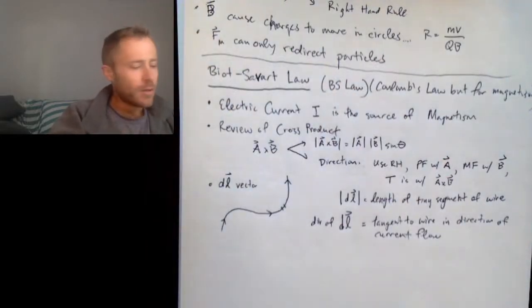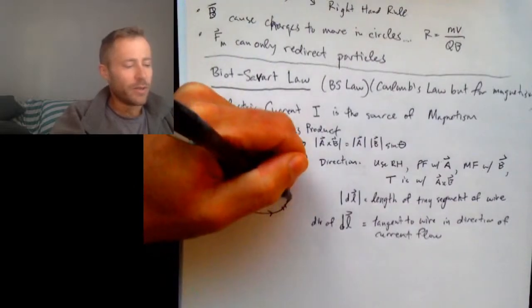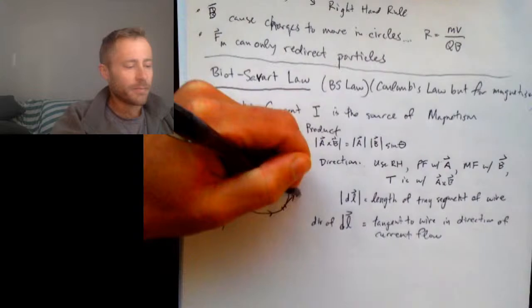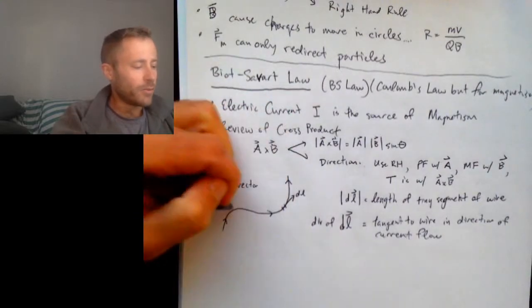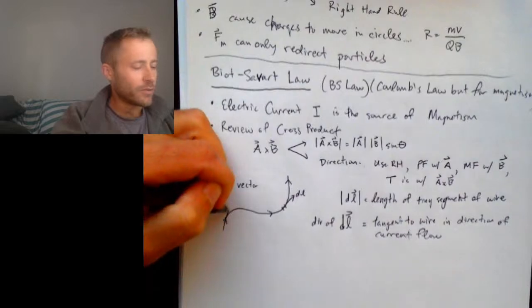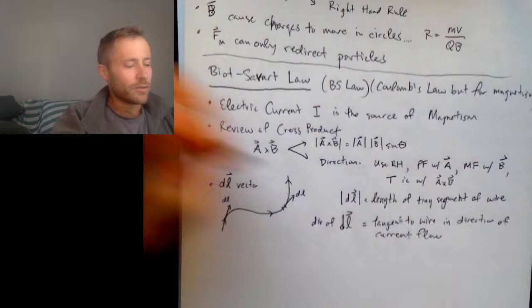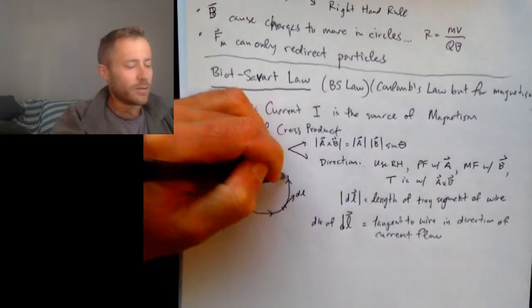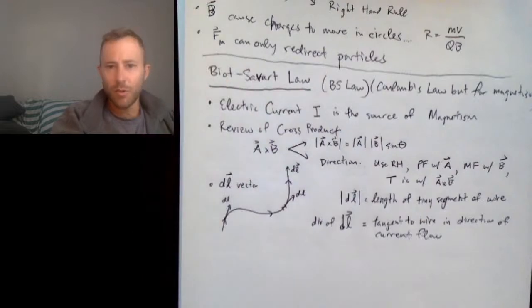Okay, so that's the direction of it. So dl is going to point in this direction right here. So it's tangent to the wire in the direction of current flow.